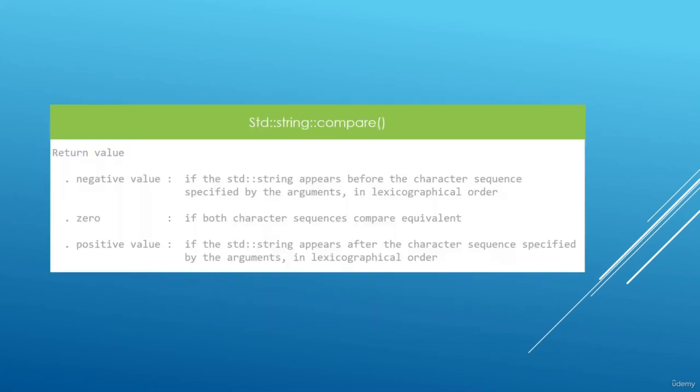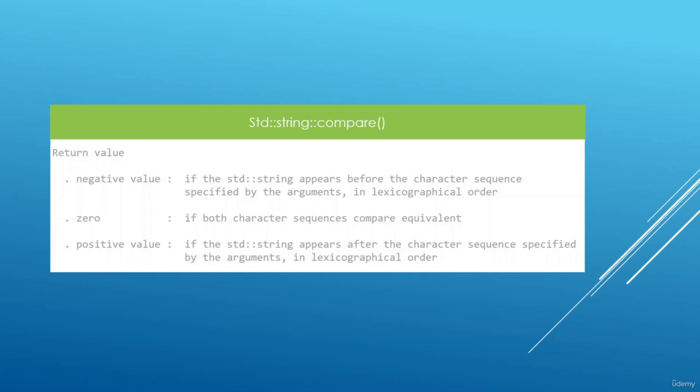Here are the rules we're going to follow to use std::compare. If the string for which we call the compare behavior comes before the character sequence that we have in the parentheses, then the return value is going to be a negative value.